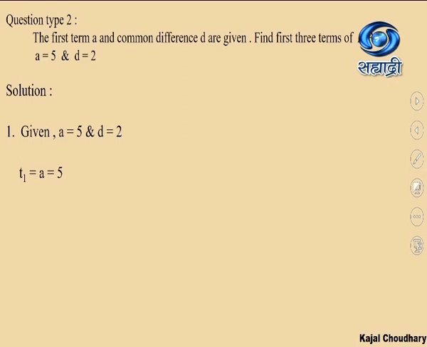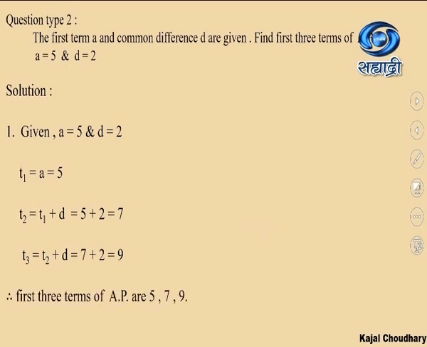So the first term is identified as 5. The second term, T2, is equal to T1 plus D. T1 was 5, plus 2 is 7. Next, T2 plus D, 7 plus 2 is 9. So we have calculated the first three terms. Therefore, the first three terms of the AP are 5, 7 and 9.